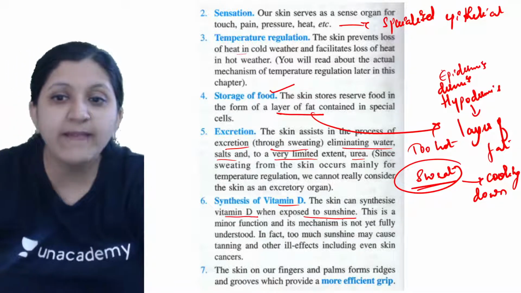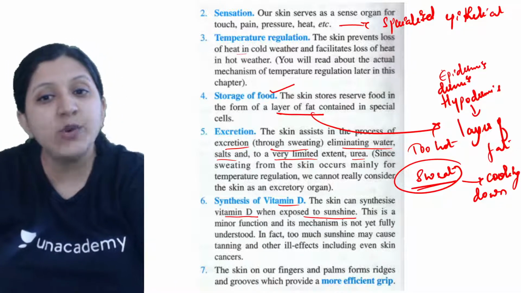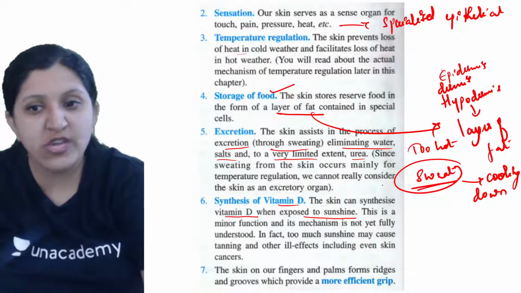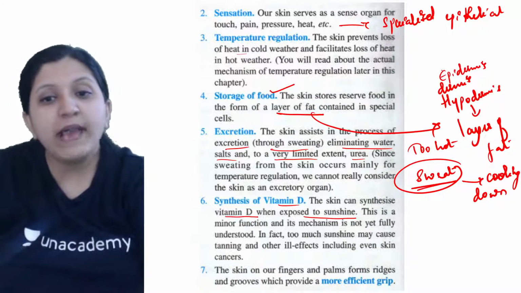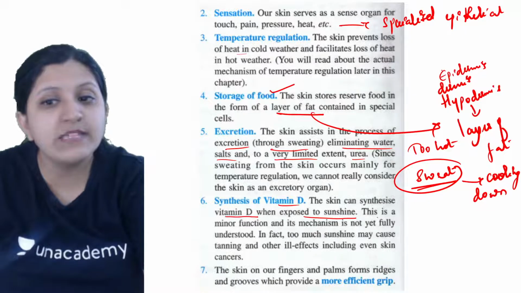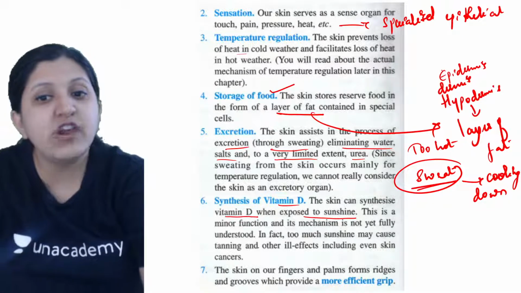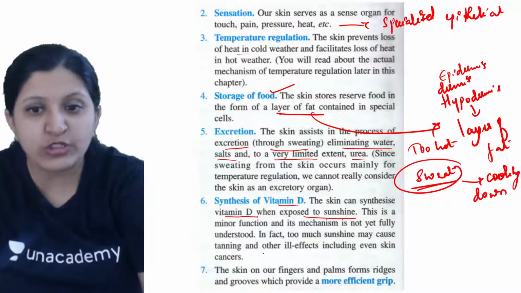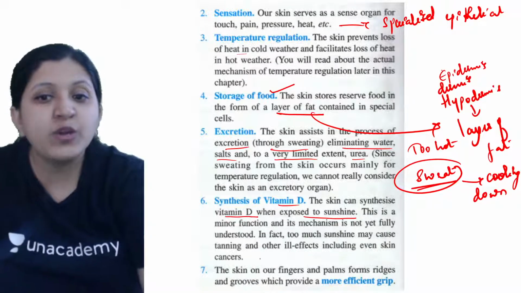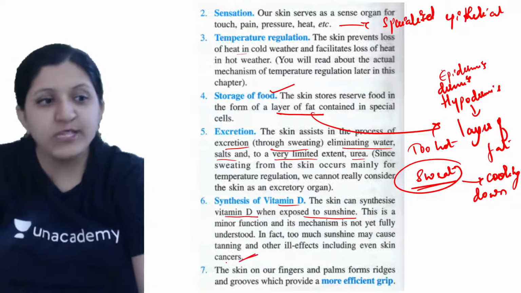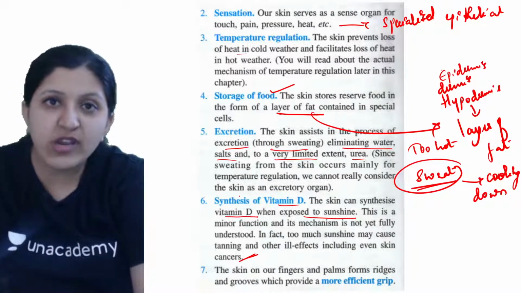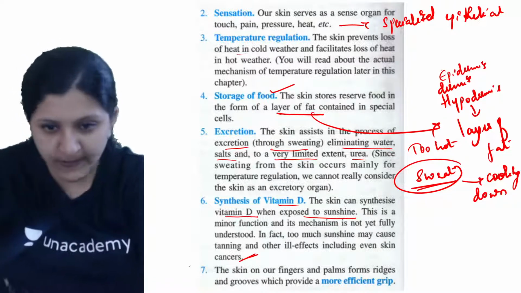Its minor function and mechanism are not yet fully understood. In fact, too much sunshine may cause tanning and other ill effects including skin cancer, so too much sunshine is not recommended.